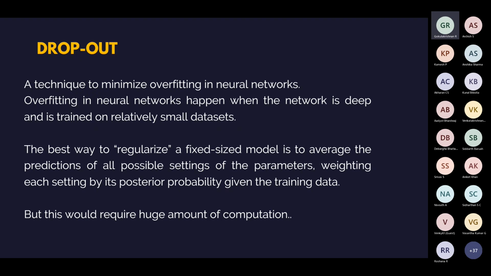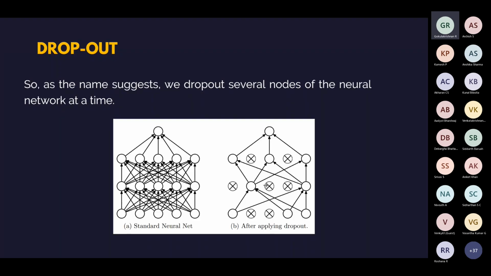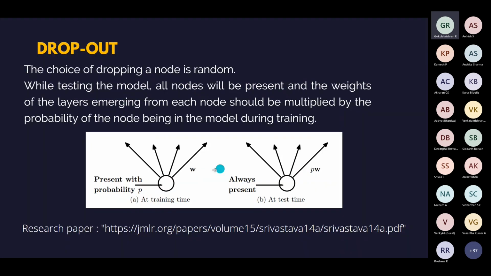Because in dropout, while backpropagating, the number of gradients you're calculating is less, because we have a lesser number of neurons in each step, and so the computational time would be lesser.